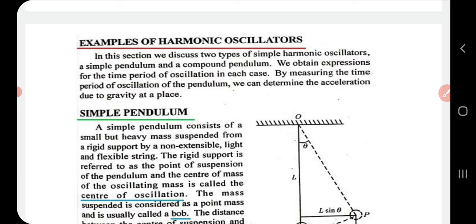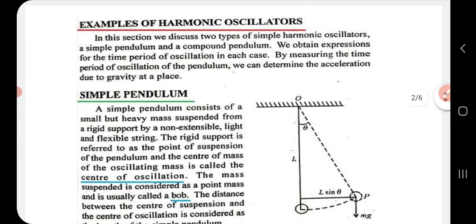In each of these cases, our aim is to obtain an expression for the time period of oscillation, capital T. Once you get the time period, you will be able to determine the acceleration due to gravity, small g, at the place. I think you have done the compound pendulum in your practical sessions, where you found T and, using the value of T, found g.